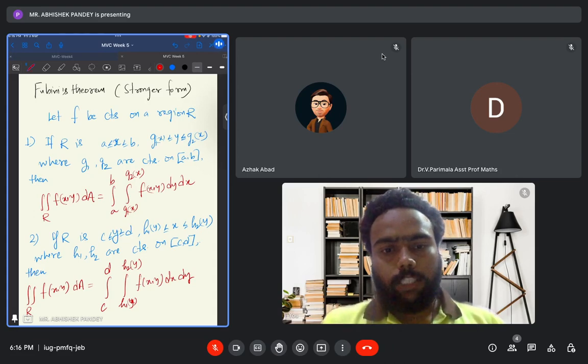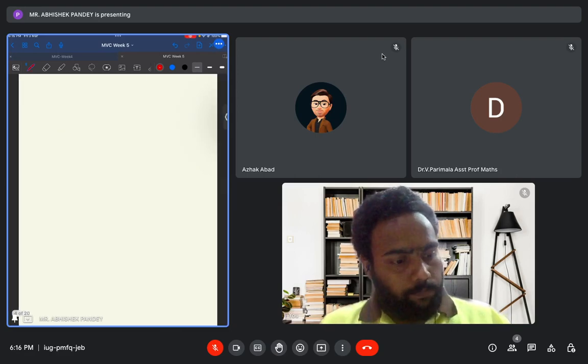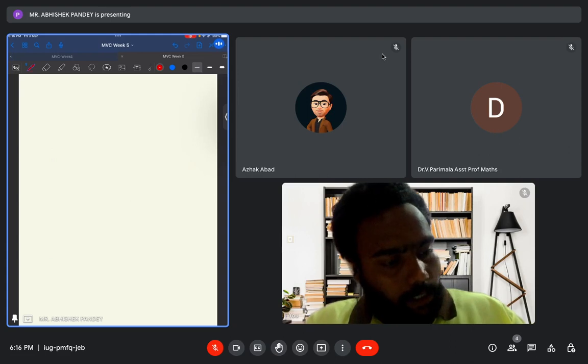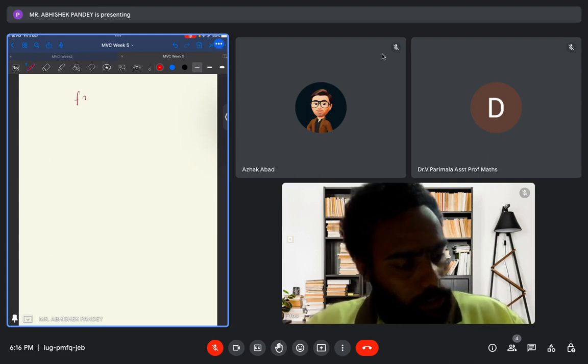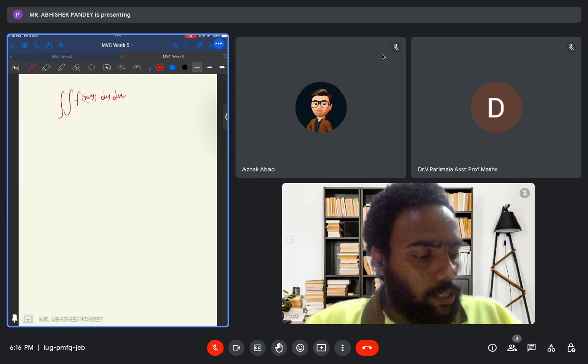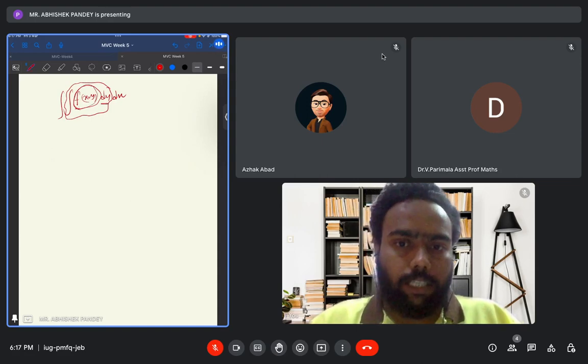Suppose f(x, y) dy dx is given. First you will calculate the inner integral, but sometimes it is quite difficult to integrate with respect to y, considering x as a constant.